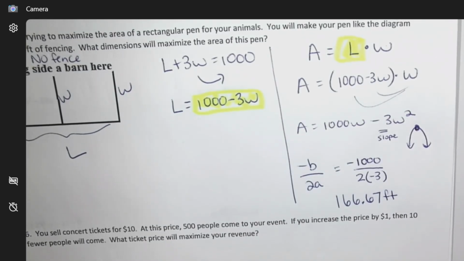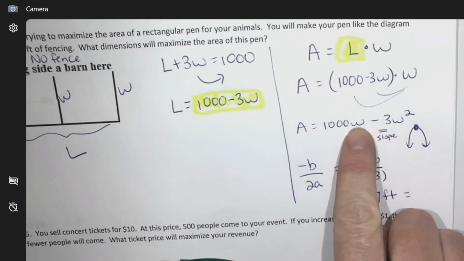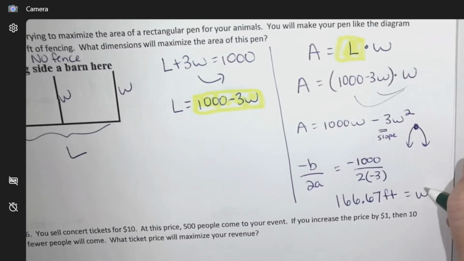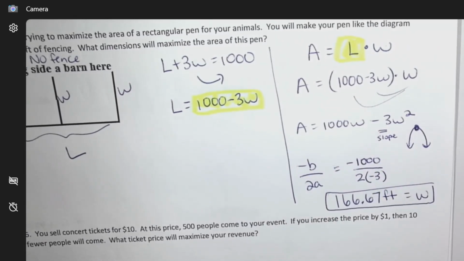So I get a number. This is the x value of the vertex. But I don't have such a thing as an x. So what letter is this going to be instead of x? W. So there we go, we have a width.